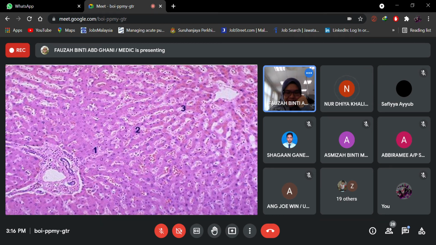So what is this structure? If this is the central vein, what is this? Is it the triad? Portal triad or portal tract.